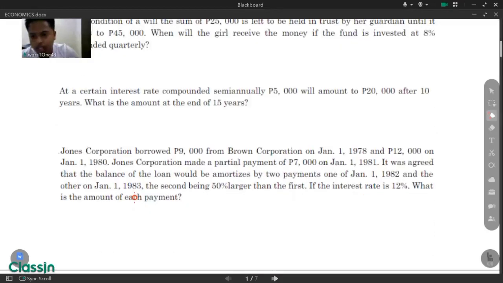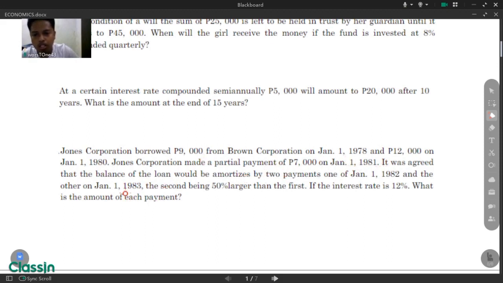Okay, this problem: Jones Corporation borrowed 9,000 from Brown Corporation on January 1, 1978, and 12,000 on January 1, 1980. Then Jones Corporation made a partial payment of 7,000 on January 1, 1981.